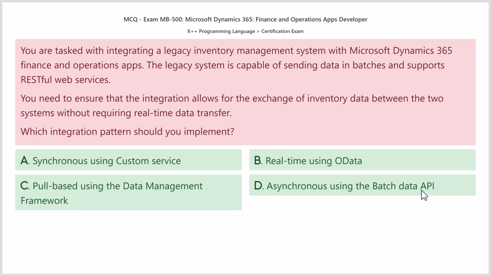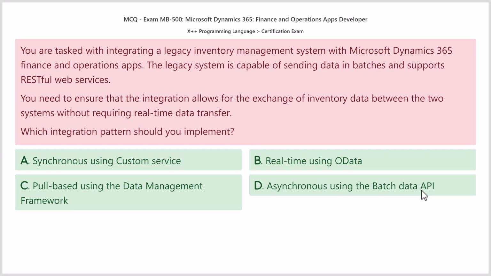It allows an external system to push data in bulk or in batches to the D365 F&O platform. It allows you to monitor the batch status, whether it is executing or not. If there is any failure, you can see the status of that as well. Also, it allows you to retrieve the error log and the execution summary.